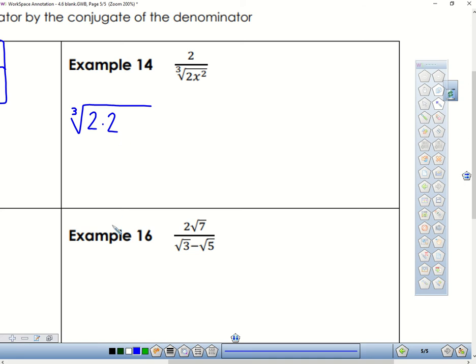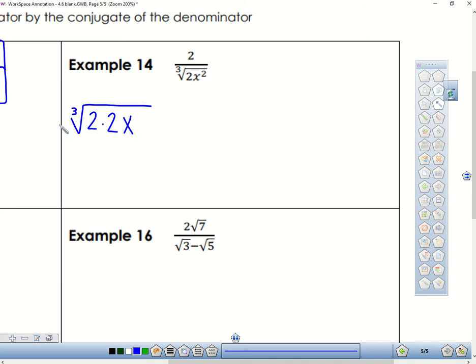If I multiply 2 times 2 times 2, it's going to be 8, which will take a 3rd root. And then I need my x to be to what power to get it out of the 3rd root? It needs to be to the 3rd power. So if I multiply x squared by x, that'll get rid of the root.